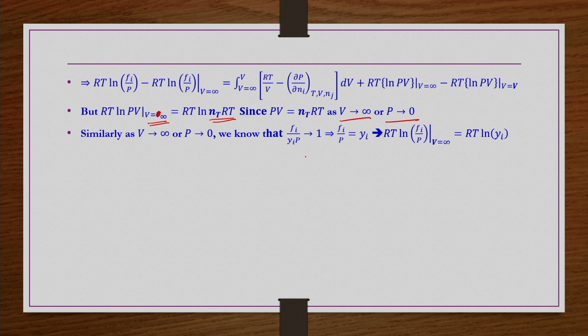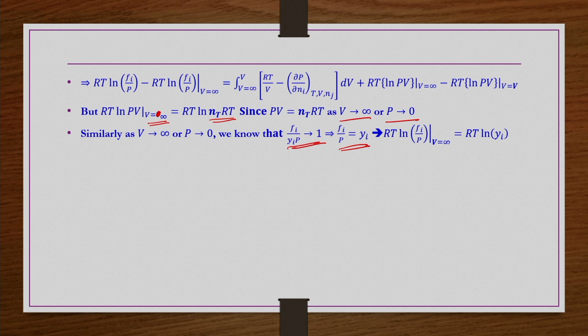Then as V tends to infinity, we know that it is ideal gas behavior. So, for ideal gas behavior, we know that the fugacity coefficient has to be 1, that is f_i by y_i P has to be 1. That means at V tends to infinity or P tends to 0, f_i by P should be equal to y_i, right, because the system reduces to ideal gas behavior, and for ideal gas behavior the fugacity coefficient is 1.